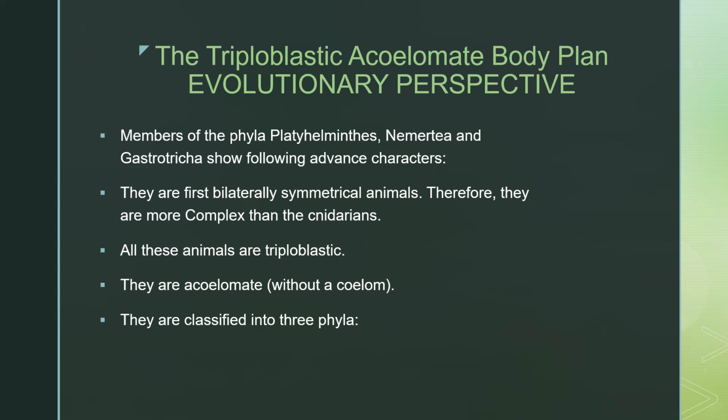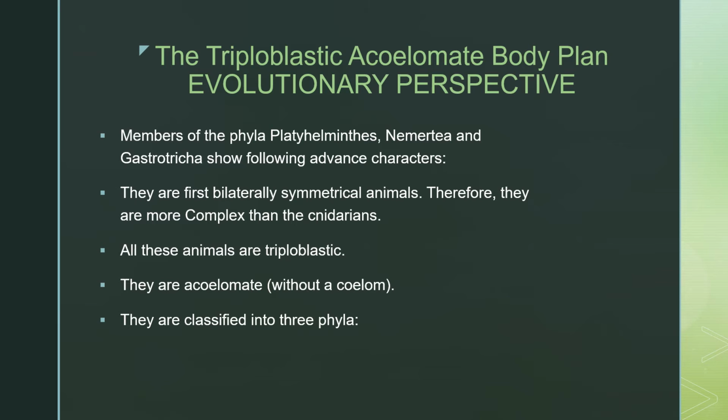The Triploblastic Acoelomate body plan from an evolutionary perspective. Members of the phyla Platyhelminths, Nemertea, and Gastrotricha show the following advanced characters. They are the first bilaterally symmetrical animals, therefore they are more complex than the cnidarians.